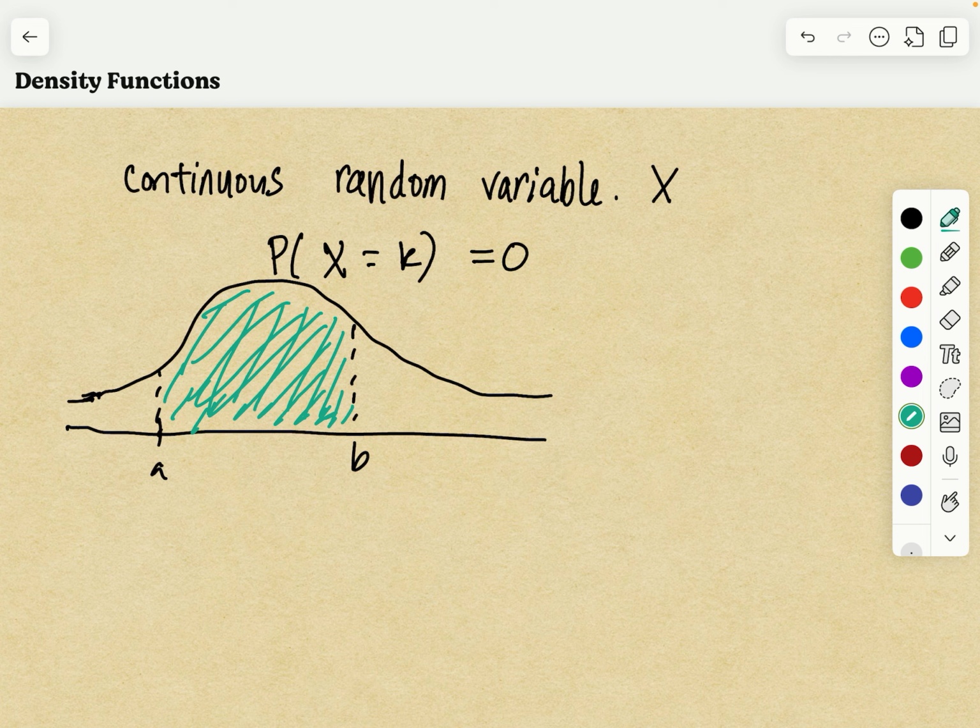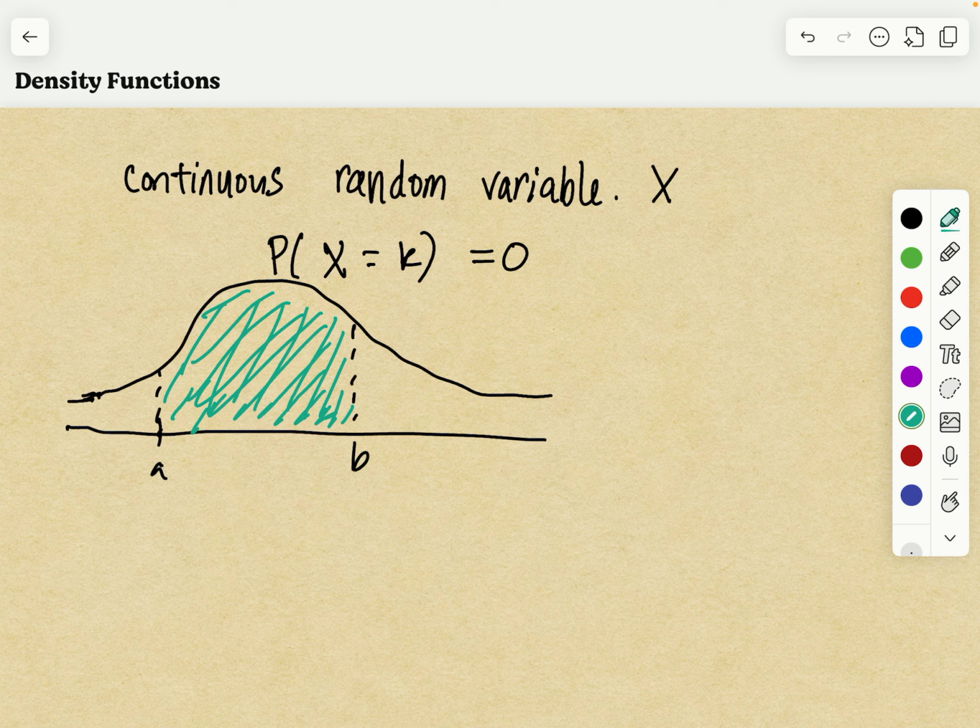So the only thing you can really do is talk about the probability that you're within an interval. Notice that when you say that the probability that x is 2 is 0 for a continuous random variable, it doesn't mean that's impossible. When you go to the store, you're going to arrive at a certain time, but the probability that you arrive at that time is 0.